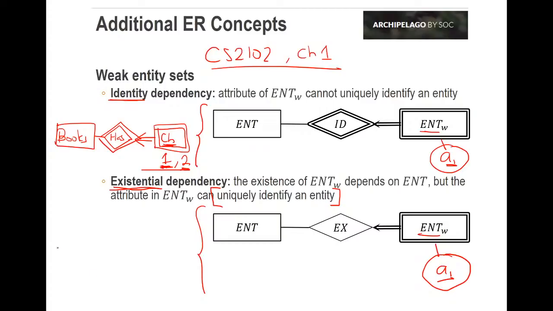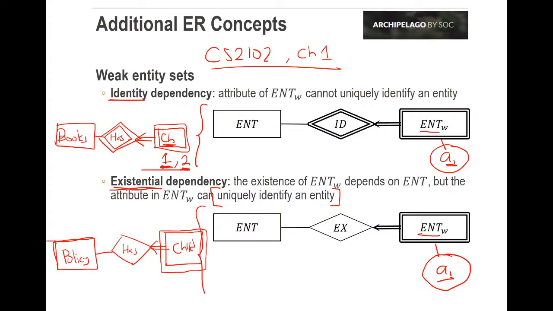But what about existential dependency? In the case of insurance, I have my own policy, and I have my child's policy. So I have an insurance policy, and my child has an insurance policy, which means that there's a policy number.